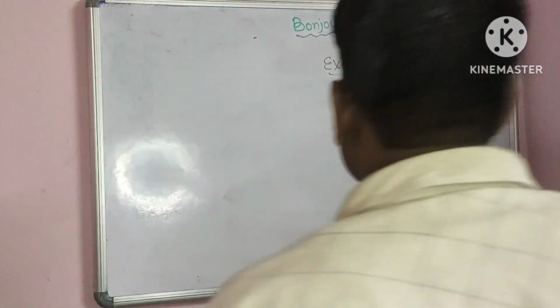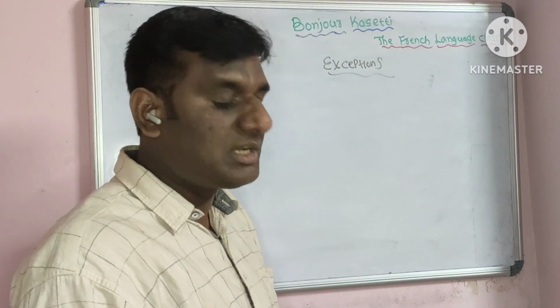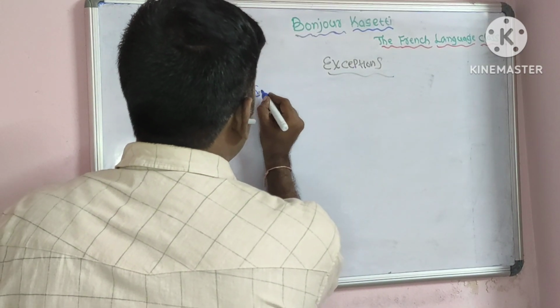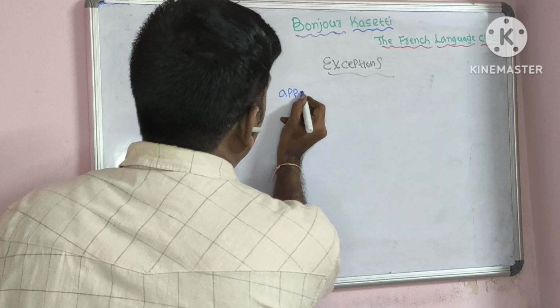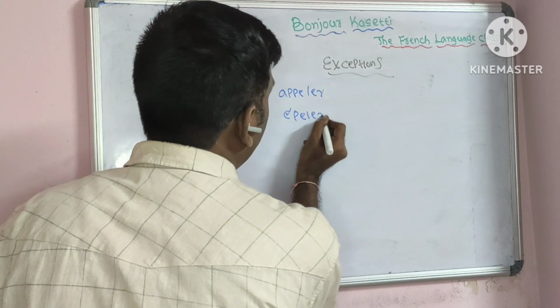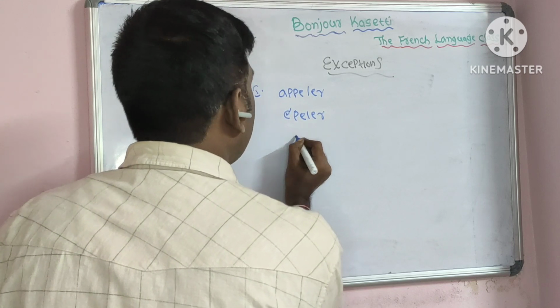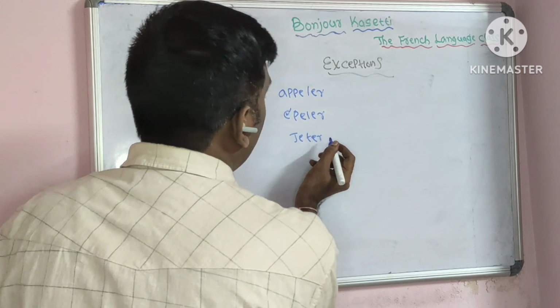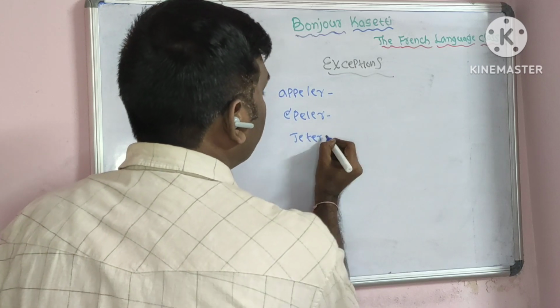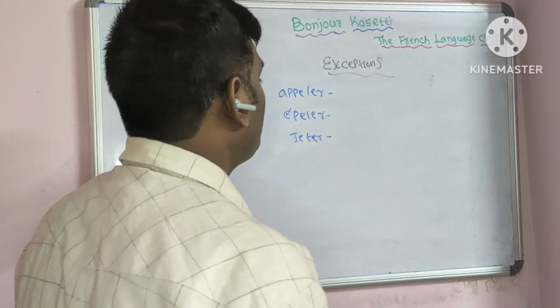Okay, now we learn some exceptions while writing conjugation. First type: appeler, épeler, and jeter. Appeler means to call, épeler means to spell out, jeter means to throw.